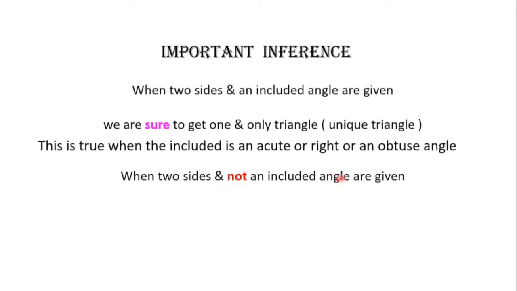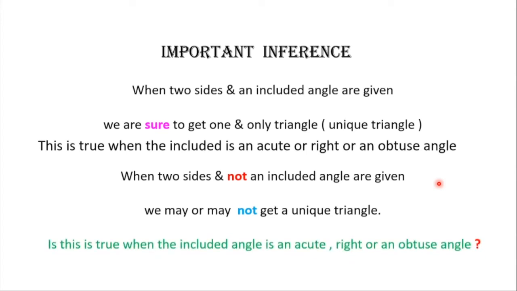When two sides and a non-included angle are given, we may or we may not get a unique triangle. So now we will test this: is this true when the angle is an acute angle or a right angle or an obtuse angle? This we are going to test now.